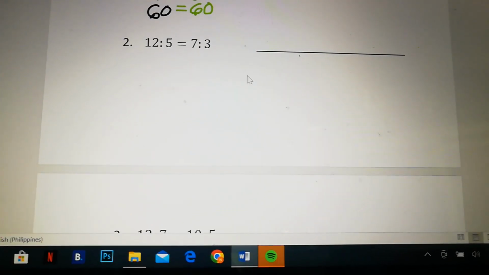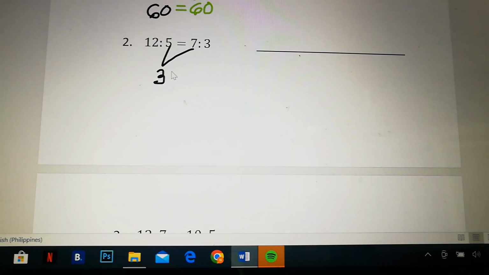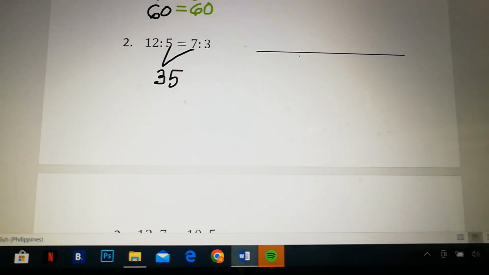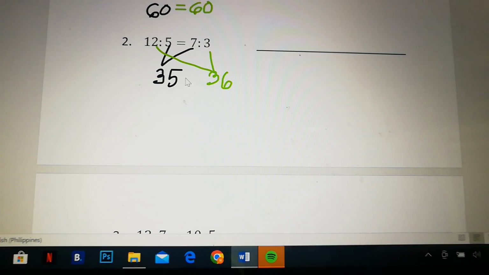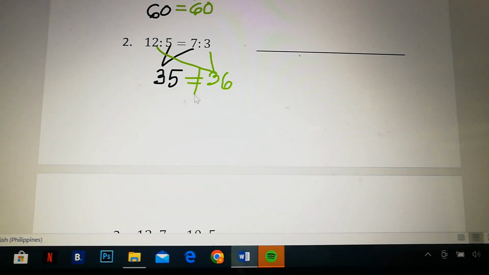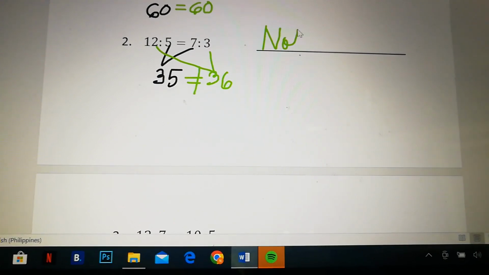Next number. The product of the means, 35, 5 times 7. The product of the extremes is 12 times 3, 36. Okay, so since they are not equal, then this is not a proportion.